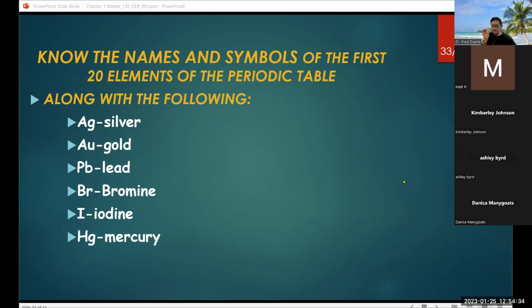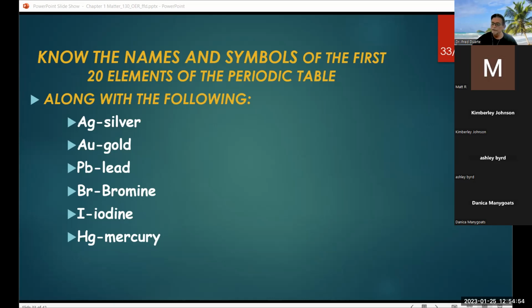Notice the suffix -ine, much different than bromide, totally different. We're going to learn the difference in time. Iodine as compared to iodide. Again, note the naming, and then mercury.